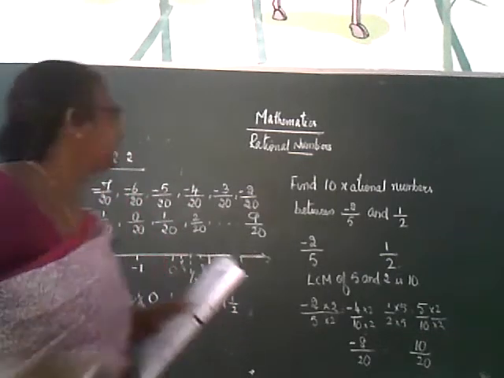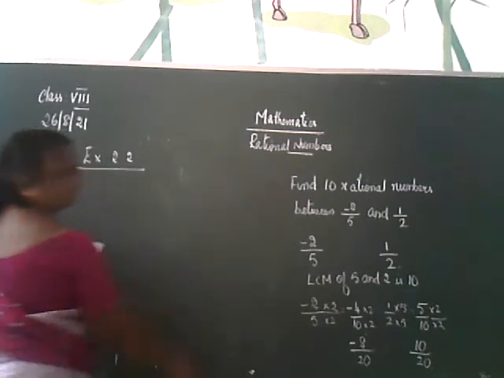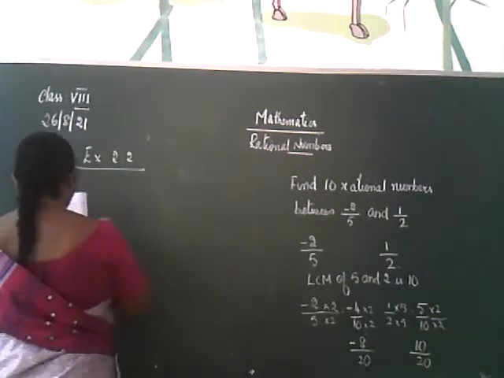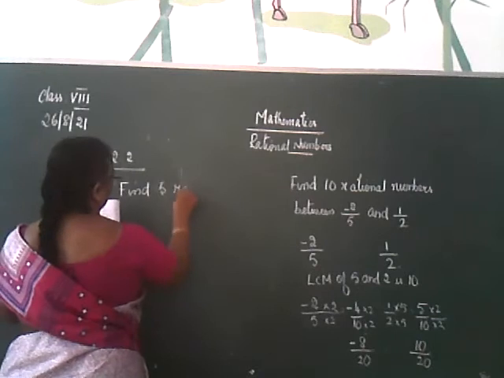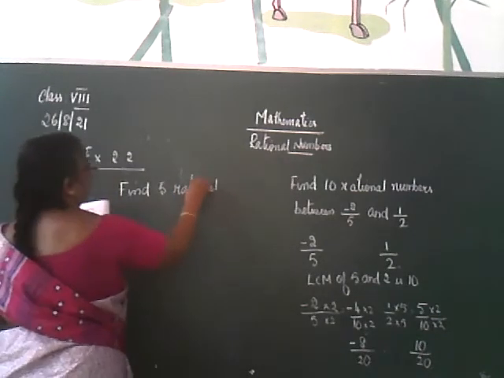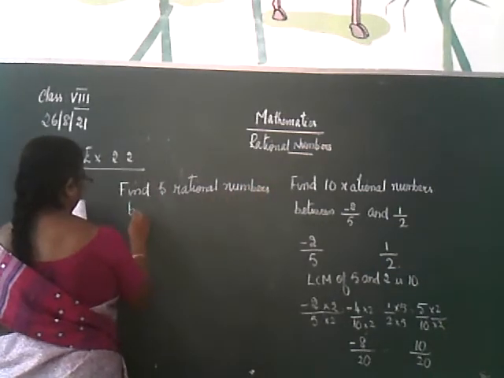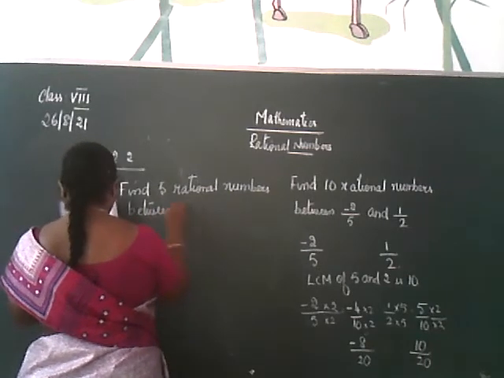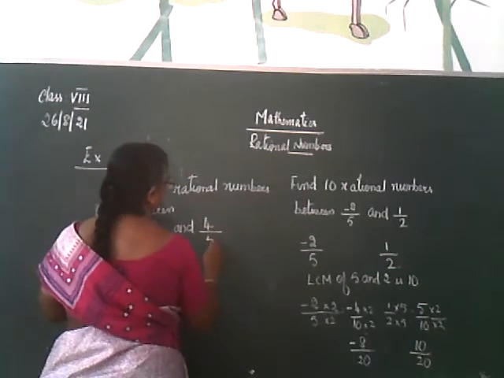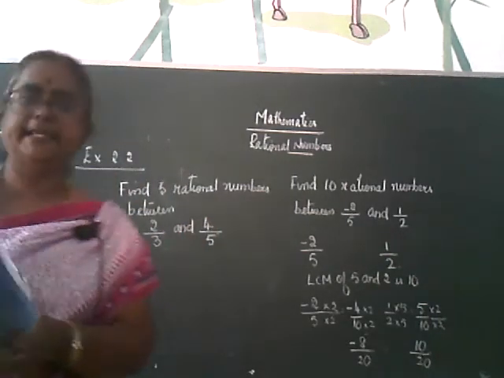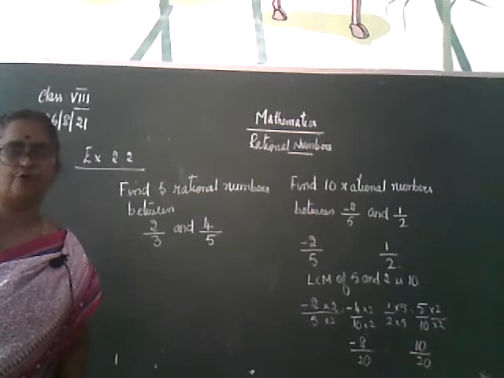Let us move on to the next one. Now, again, find 5 rational numbers between 2 by 3 and 4 by 5.